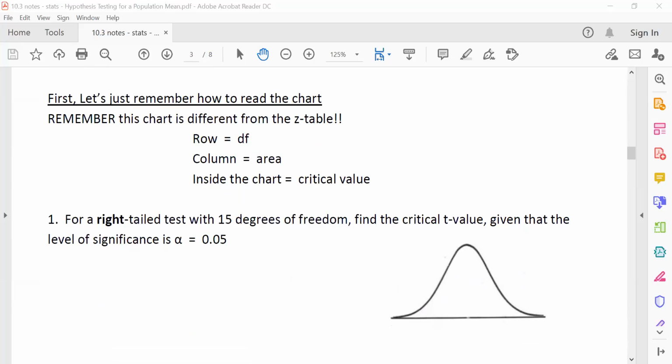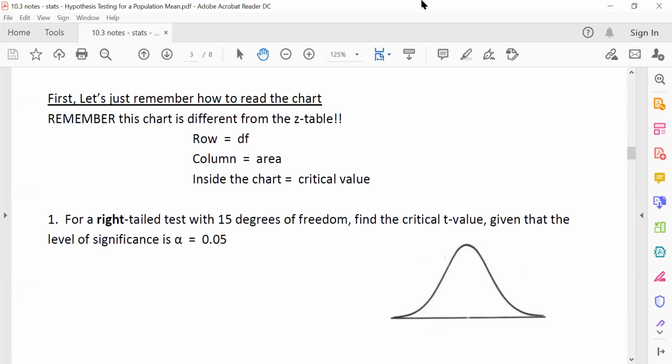So playing around with it, let's pull up what a t-chart would look like. Let's do that. And we'll work this together. So it says, for a right-tailed test with 15 degrees of freedom, find the critical t-value given that the level of significance is alpha equals 0.05.